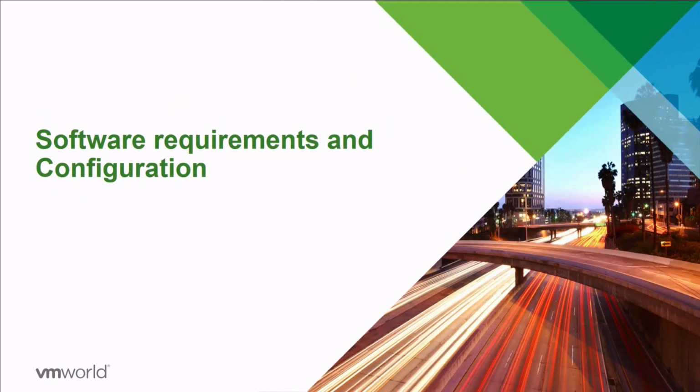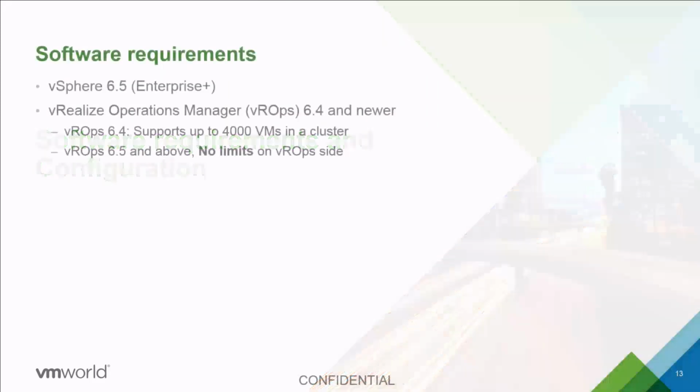All right, so now that we have learned how predictive DRS works at a very high level and how the predictions are generated in VROps, let's take a look at what we will need to get started with this feature. The first thing, vSphere 6.5, with Enterprise Plus license, you will get predictive DRS. On the VROps side, predictive DRS was supported starting from version 6.4.